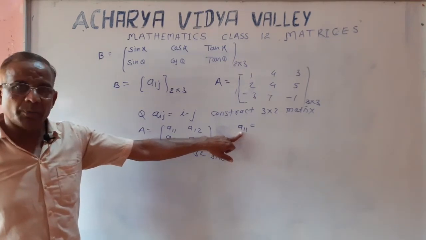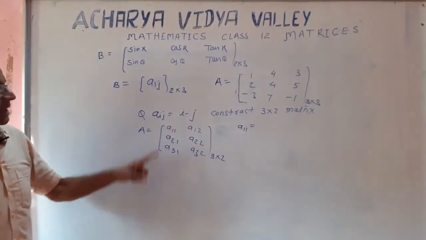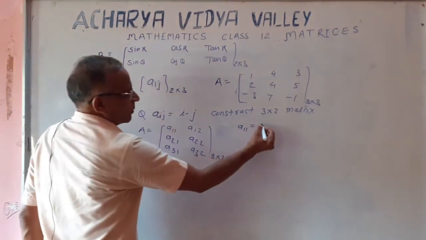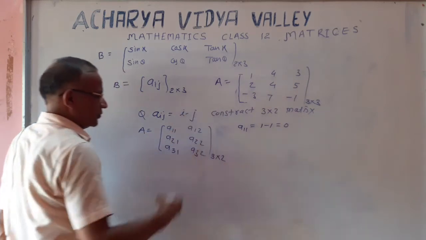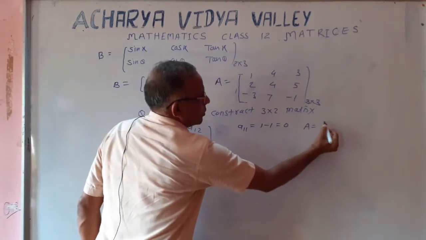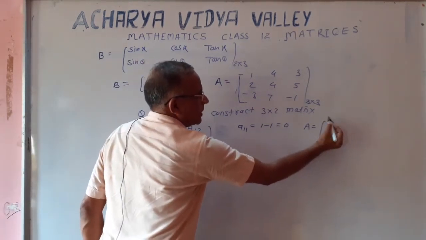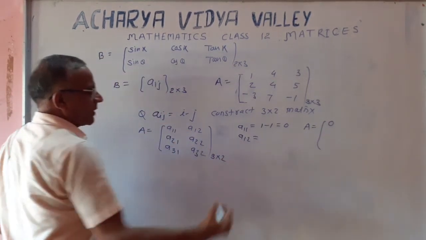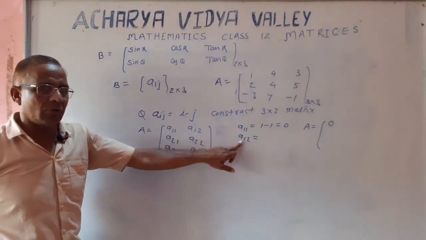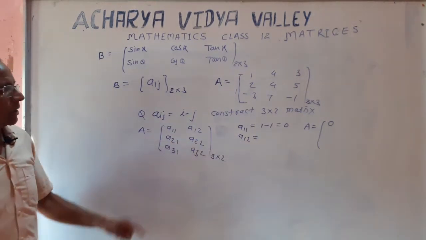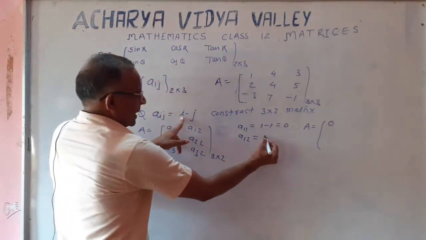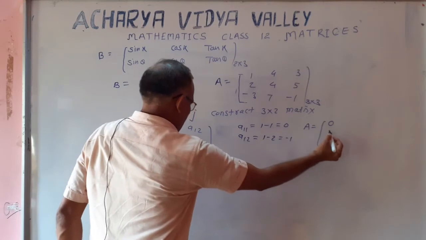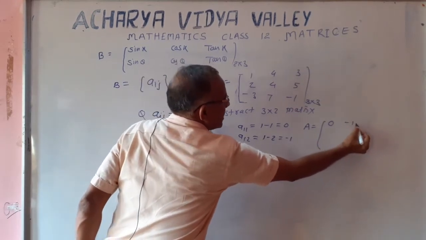For the value of A11, put i equal to 1 and j equal to 1 in the general formula Aij equal to i minus j, तो 1 minus 1 equal to 0. तो मैट्रिक्स A की फर्स्ट वैल्यू A11 की वैल्यू 0. A12: put the values in the general formula, i equal to 1 and j equal to 2, 1 minus 2 equal to minus 1, तो A12 की वैल्यू हो गई हमारी -1.